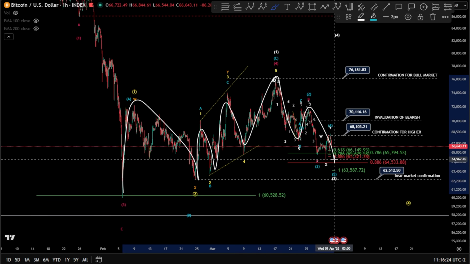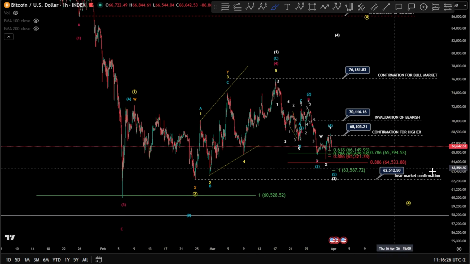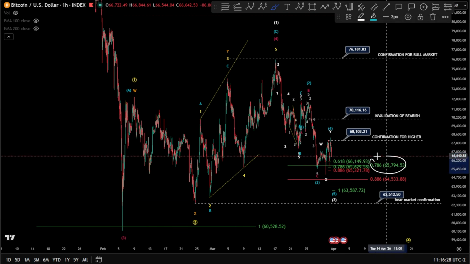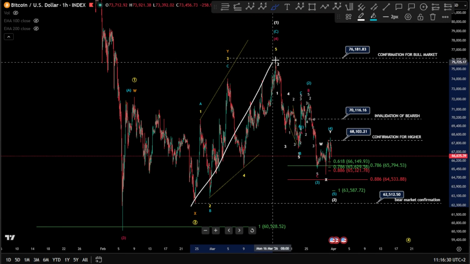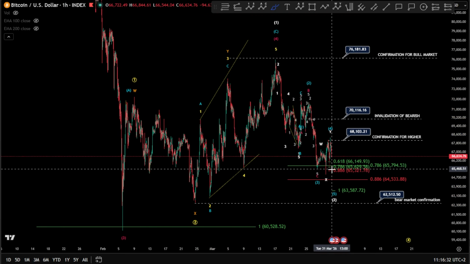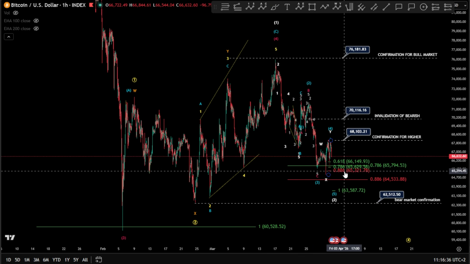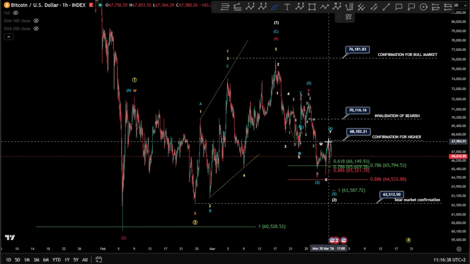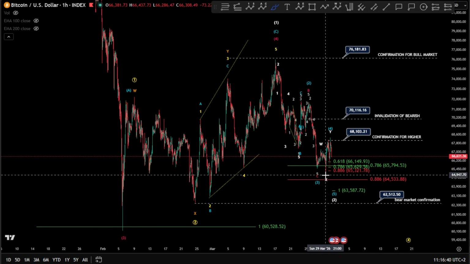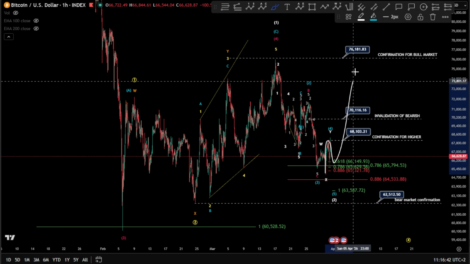Another wave 2, given we're still ranging around the wave 2, 0.786 here, taken from the wave 1 to the wave 2. And this, to make it much harder for us, without taking the 886 yet. That means, of course, the probability for bullish is still there in case we are in a 1-2 here and then pushing for higher.